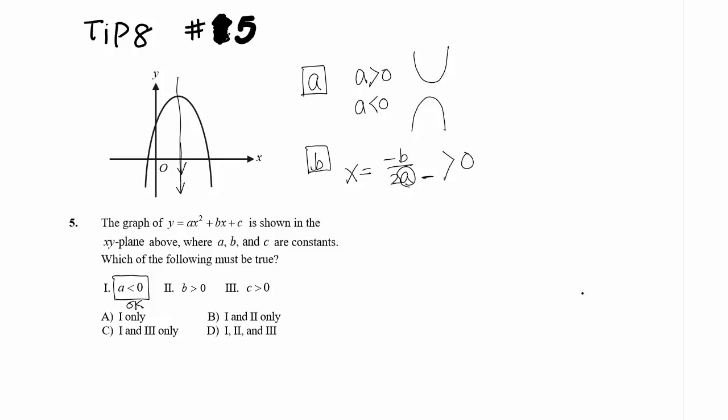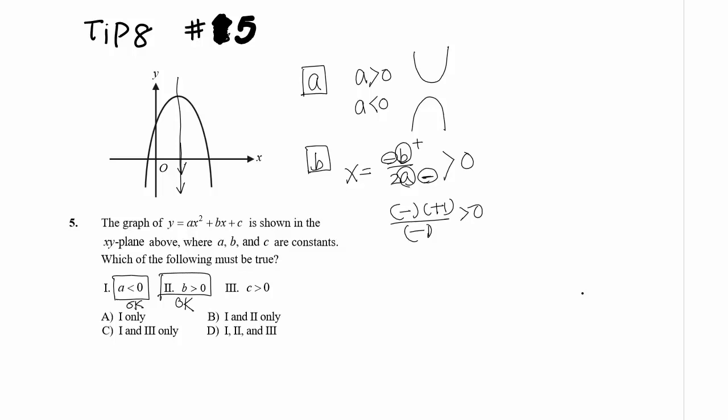Now let's figure out what b is. Negative b over negative a should be positive, so b must be positive. Negative times positive divided by negative is still positive, so this is okay too.